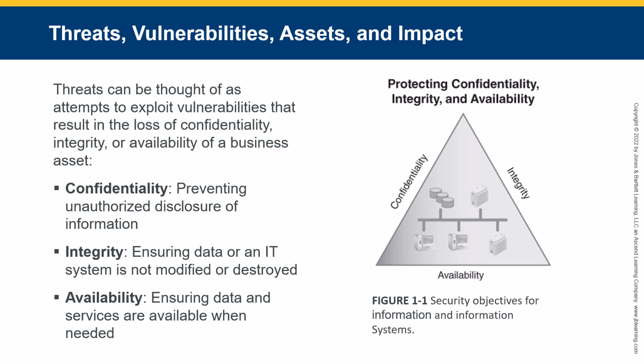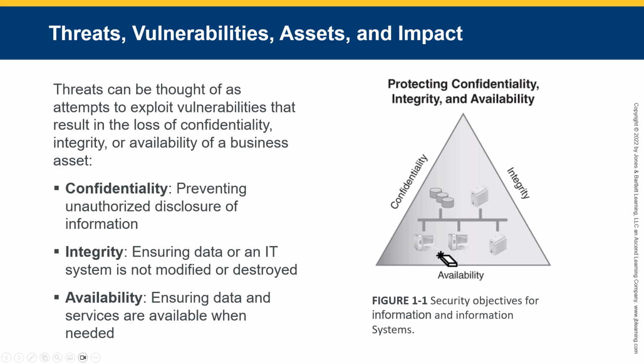One thing to note is our goal: if we start here in the middle, as we move towards one side, we move away from the others. So to make things incredibly available, we are going to be farther from confidentiality.